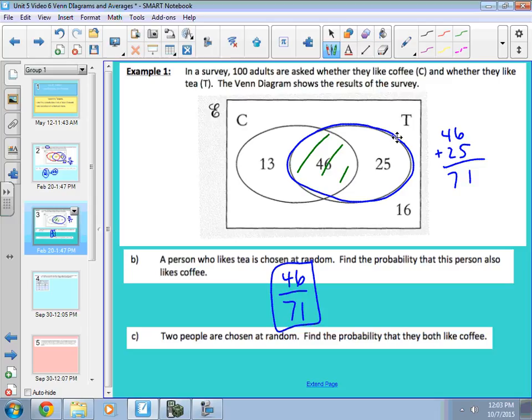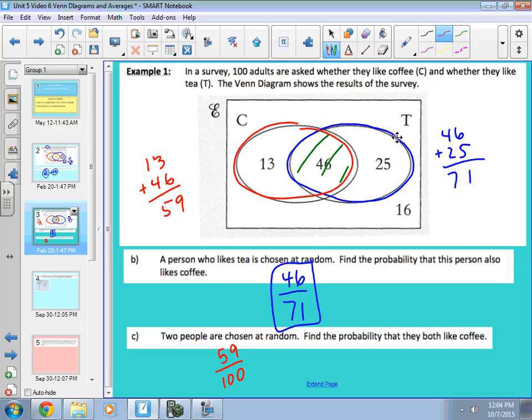Well, we know from our diagram up here that 13 people only like coffee, 46 like both. That's a total of 59 people liking coffee. So our chances that the first person picked likes coffee would be 59 out of 100 people.